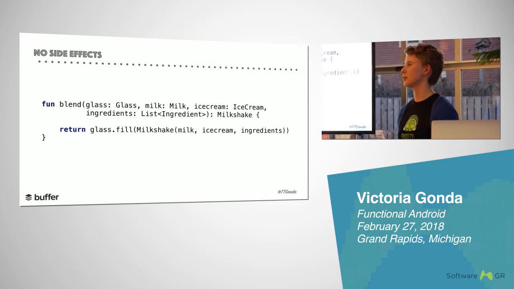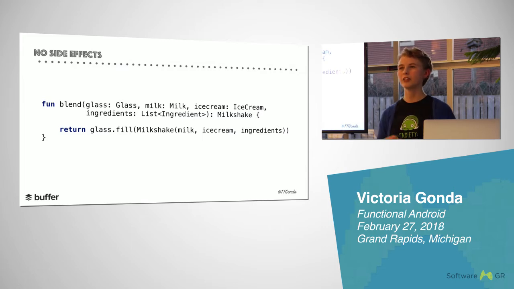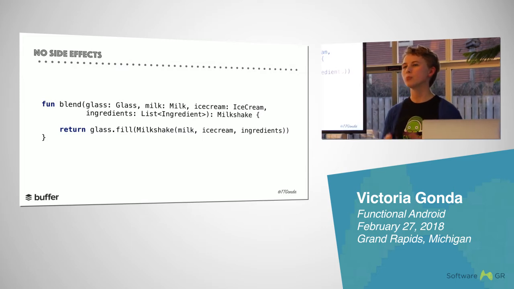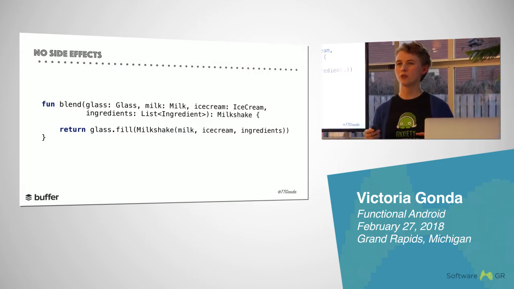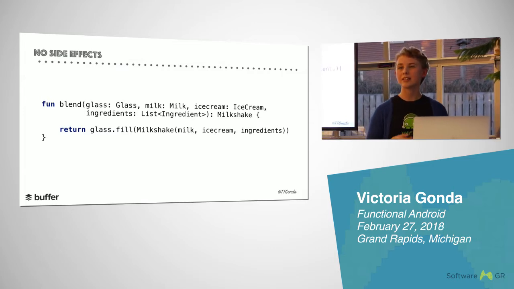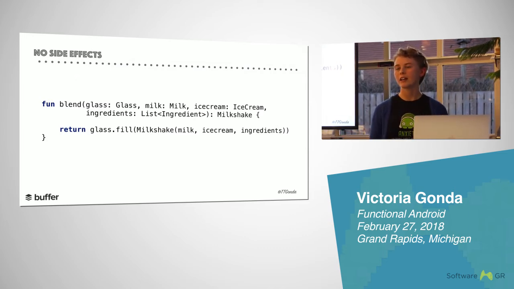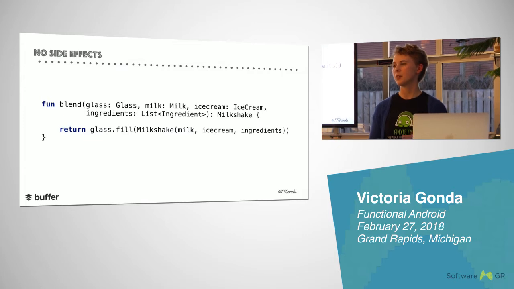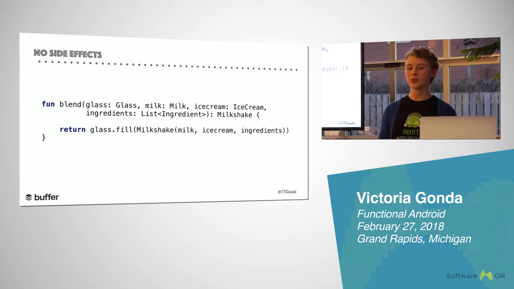Now, I realize that sometimes side effects can be unavoidable. What would our programs be without having to write to files or databases and retrieving that stuff later? But the idea with this on Android is that you push those side effects to the edges of your program so that as much of your code can only focus on the logic, self-contained methods as possible, so that the parts of your code that aren't relying on those side effects can be more consistent, more easily testable, and just don't have to rely on those things.